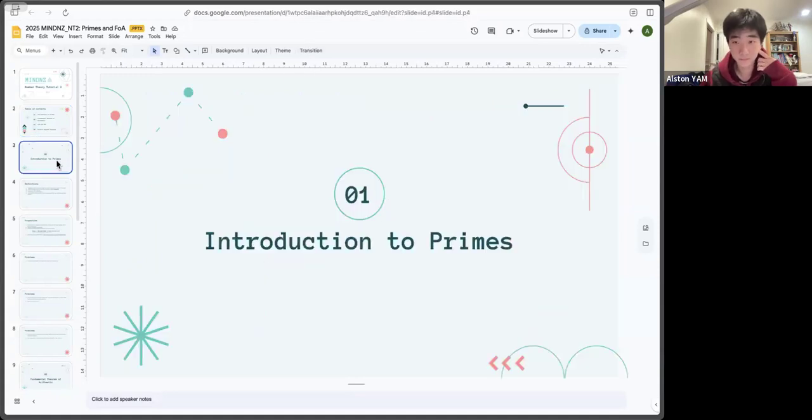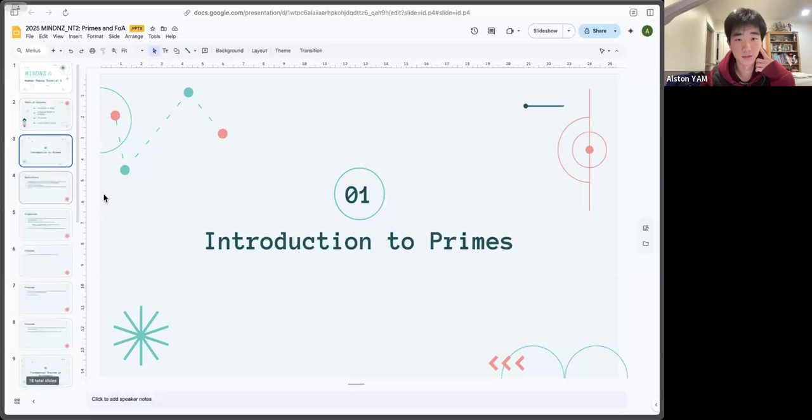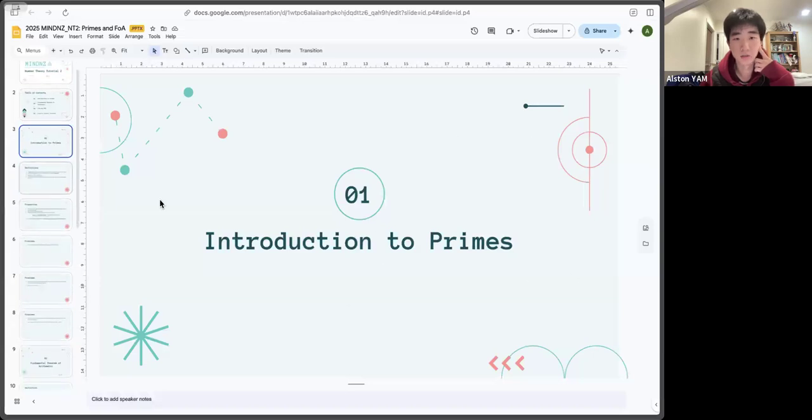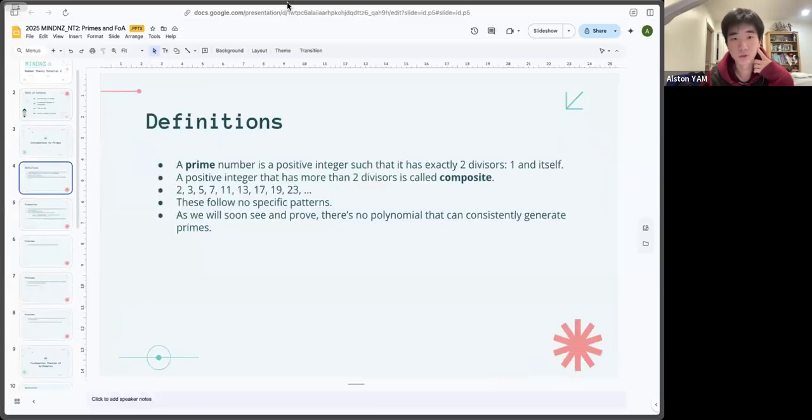Okay, let's get straight into this then. So, introduction to primes. I am sure that you've heard of primes before, so I'll just go over this really quickly. A prime number is a positive integer that has exactly two divisors. These two divisors will be 1 and itself. You can see the first few prime numbers over here: 2, 3, 5, 7, 11.